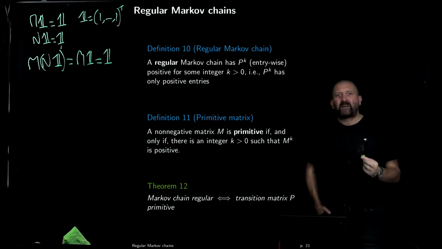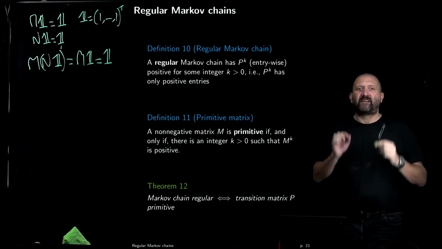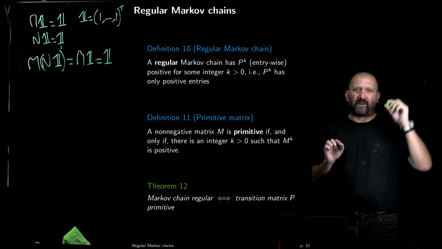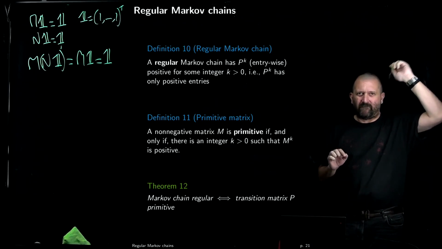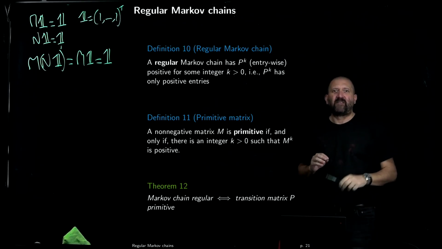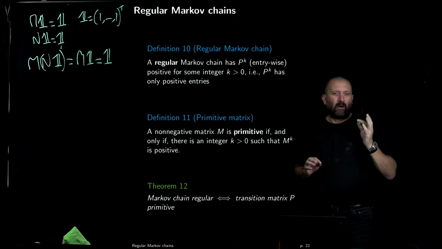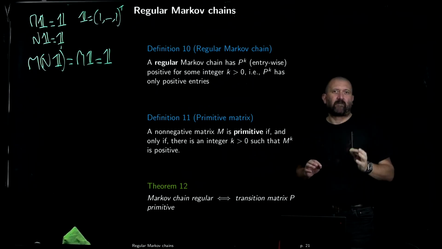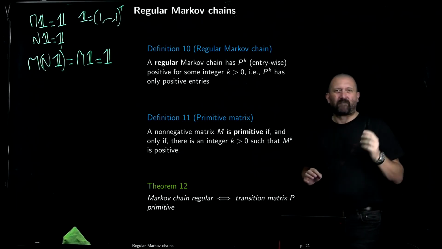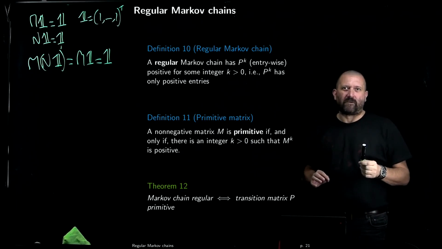Now, one case where we know exactly what happens to that matrix P to the K, the limit of P to the K, is when we have a Markov chain that has the property that it's what we call regular.